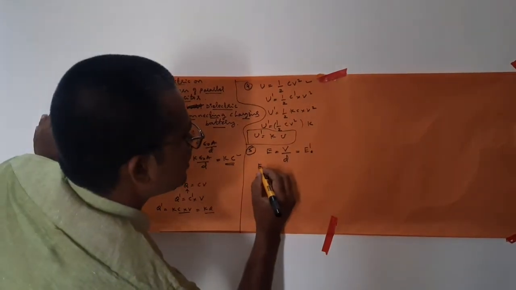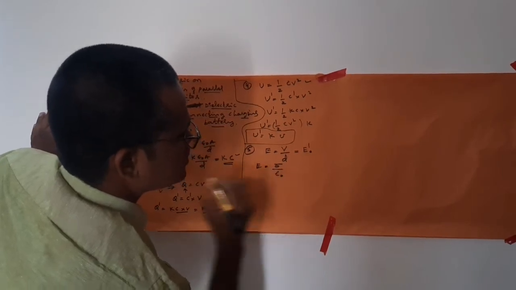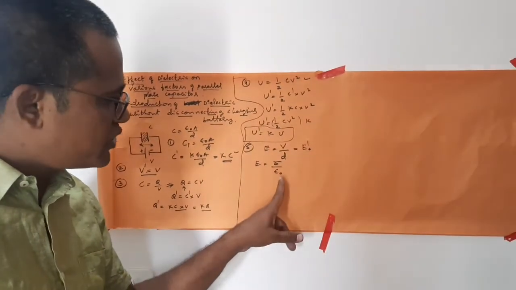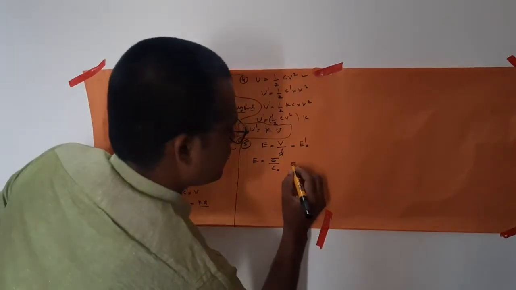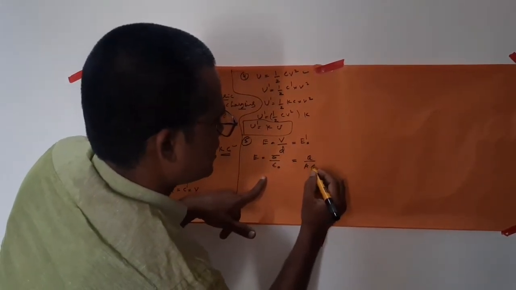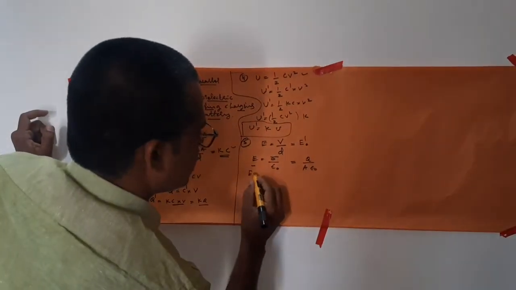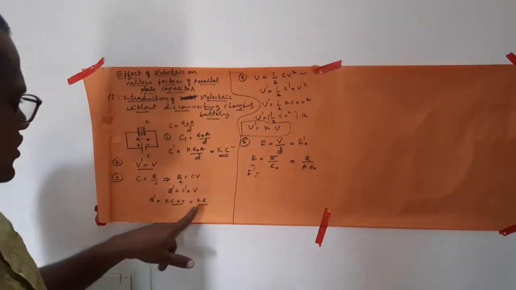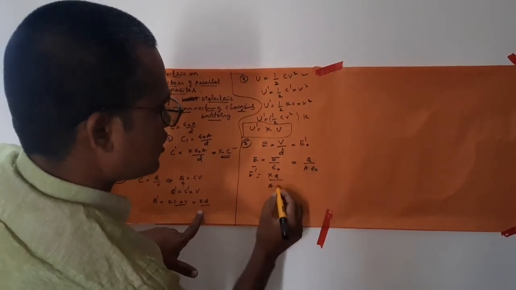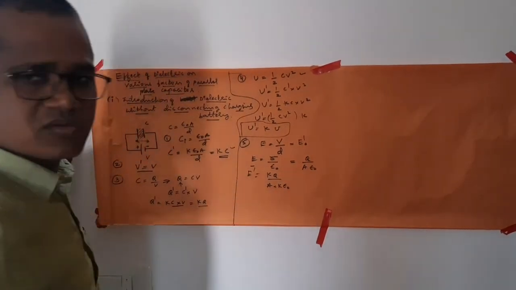You can also confirm this another way. The electric field between the plates is sigma by epsilon naught, before introducing the dielectric, where sigma is the charge density, charge by area. When we introduce the dielectric, E dash is equal to, the charge increased by K times, K into Q by A. When some medium is present, epsilon naught changes to K into epsilon naught.